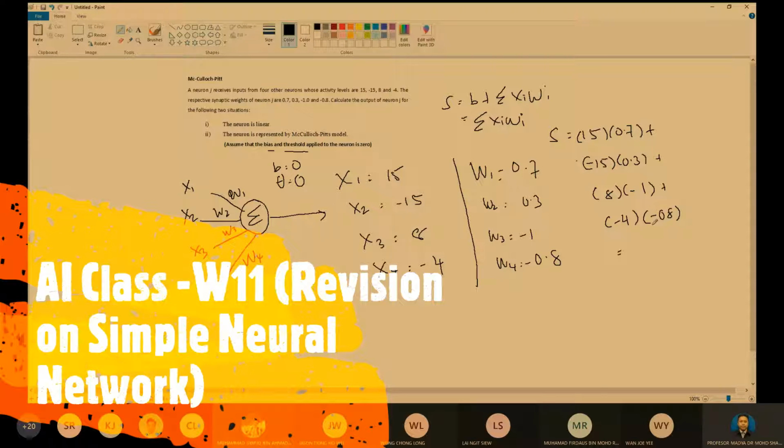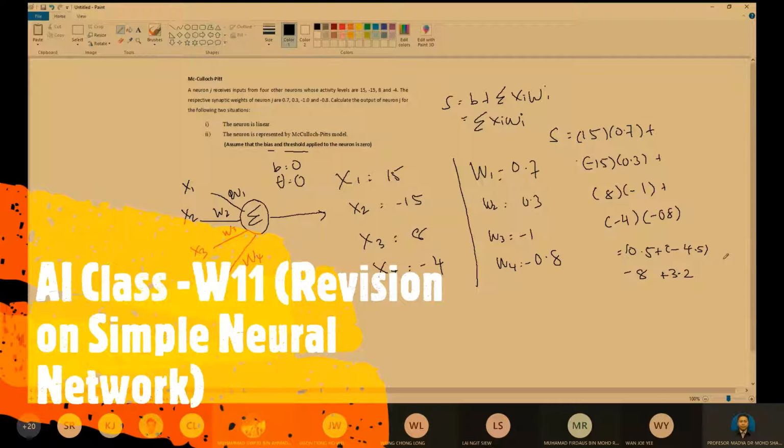So you can try this one. Calculate 15 multiplied by 0.7, this is 10.5, plus negative 15 times 0.3, which is minus 4.5, minus 8, and then plus 4 multiplied by 0.8, which is 3.2.